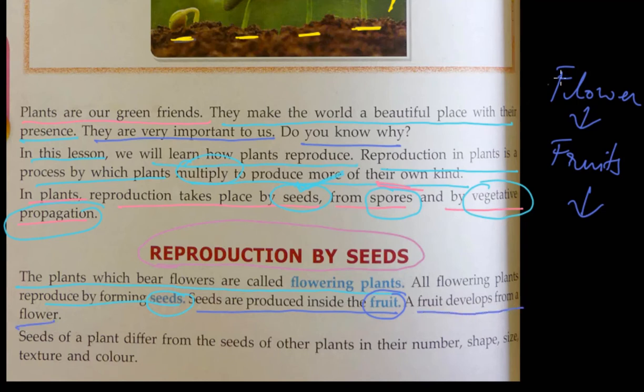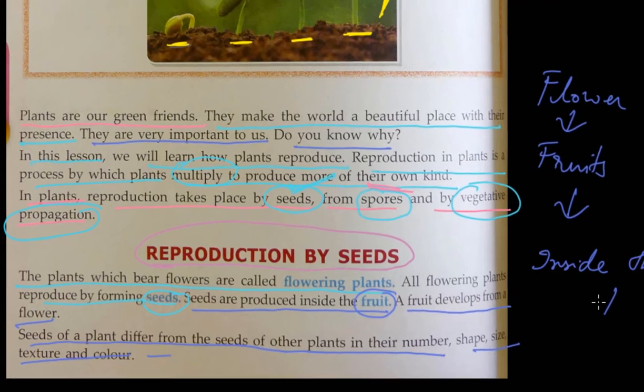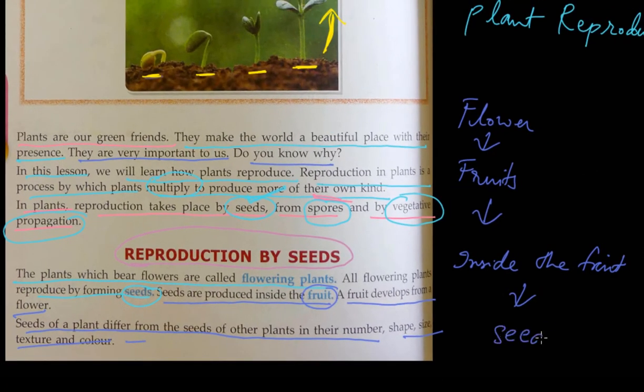See, it's given that first flowers are there, then flowers turn into fruits, then what happens? Inside the fruit, we have seeds. Got it? Okay, now I'll explain this.